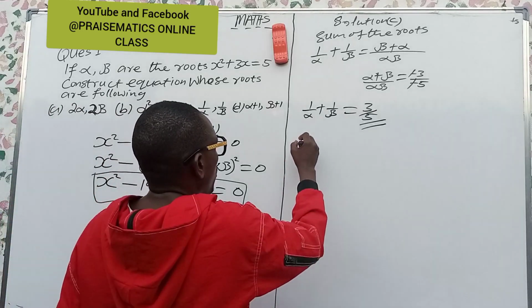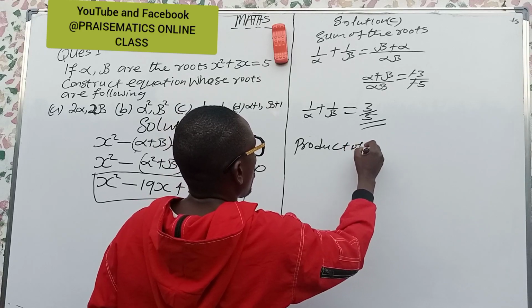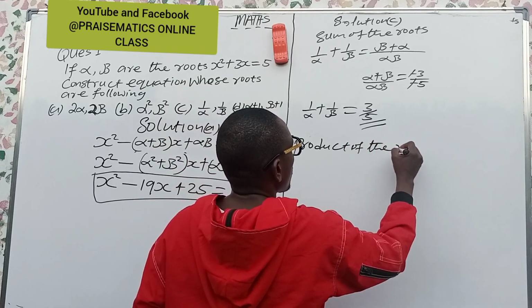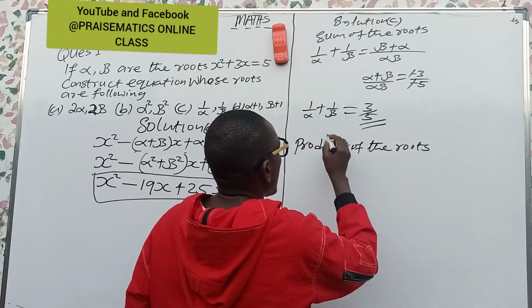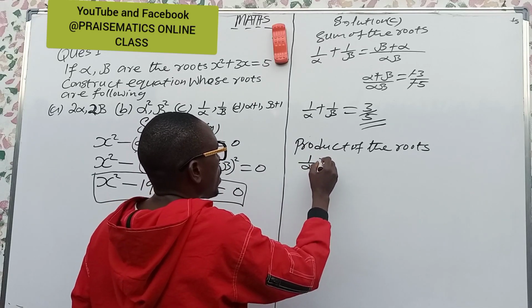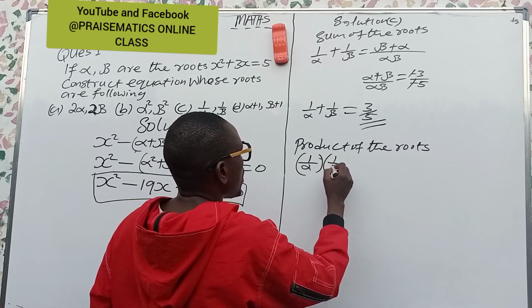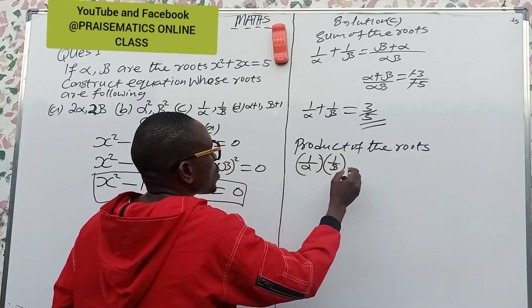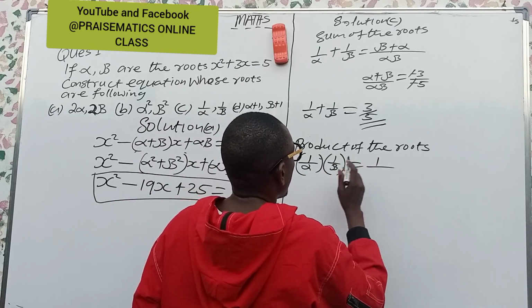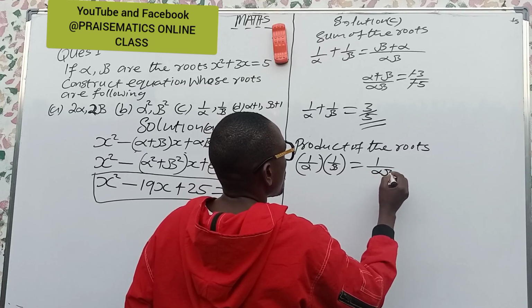Okay, products. Let's look at the product of the roots. Now we have 1 over alpha multiplied by 1 over beta. So 1 times 1 will give us 1 over alpha beta.